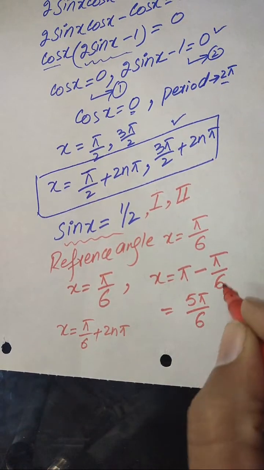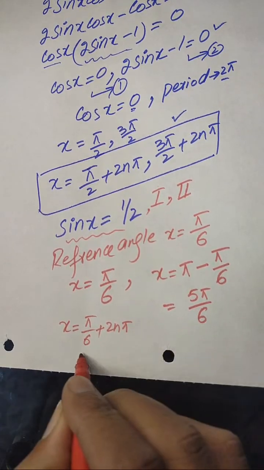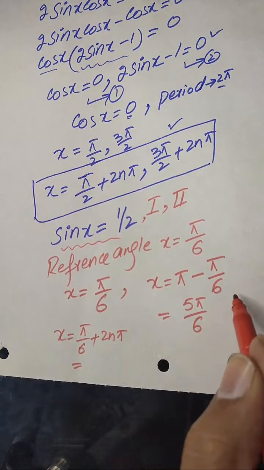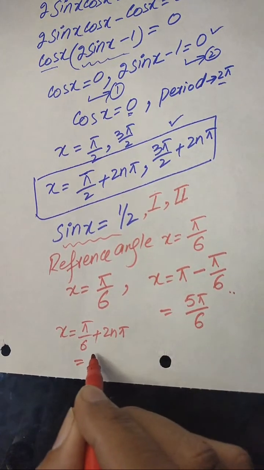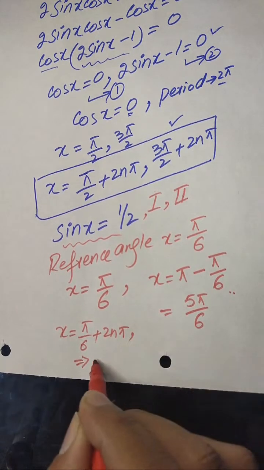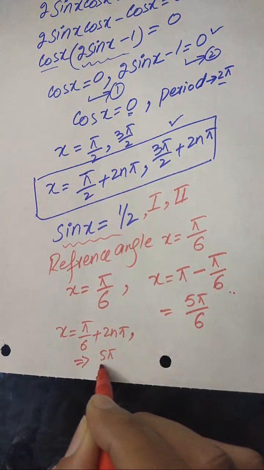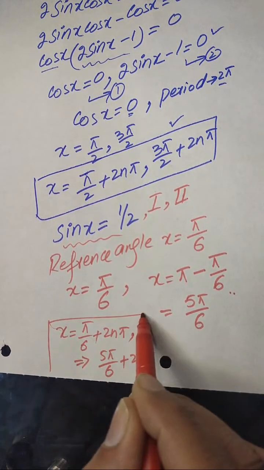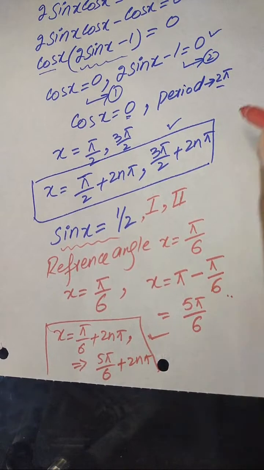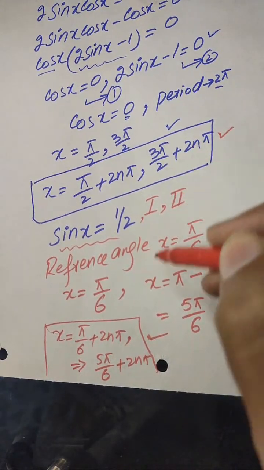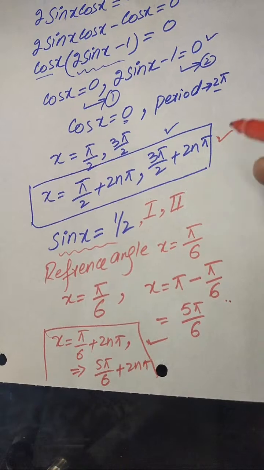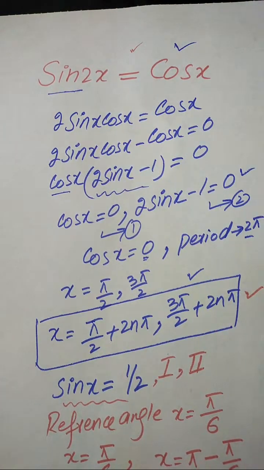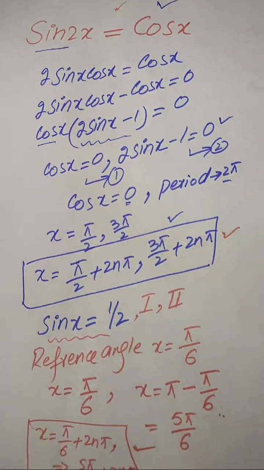Similarly, the other solution is 5 pi by 6 plus 2n pi. These are the four solutions, and they are the general solution of this given trigonometric equation.